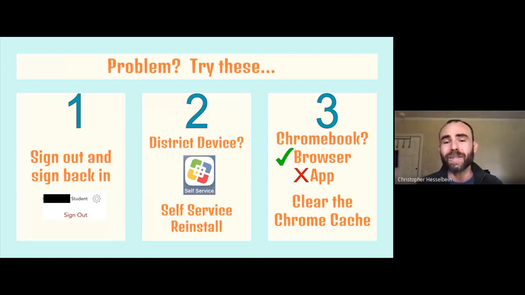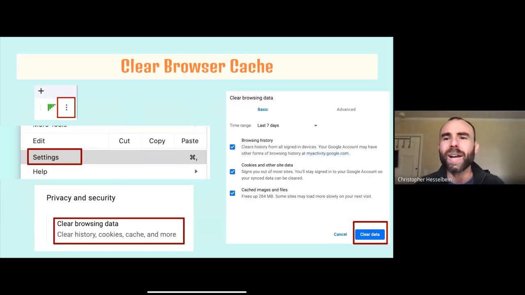Now, secondarily, if you are having an issue, sometimes people are like, oh, Seesaw is being blocked, or we can't get to it, or clearing the Chrome cache. So what I would try if you're on a Chromebook and things aren't working so well, is you go up to the upper right-hand corner and you look for the three dots, or the snowman, some of us call it, and then that will open up your Chrome menu.